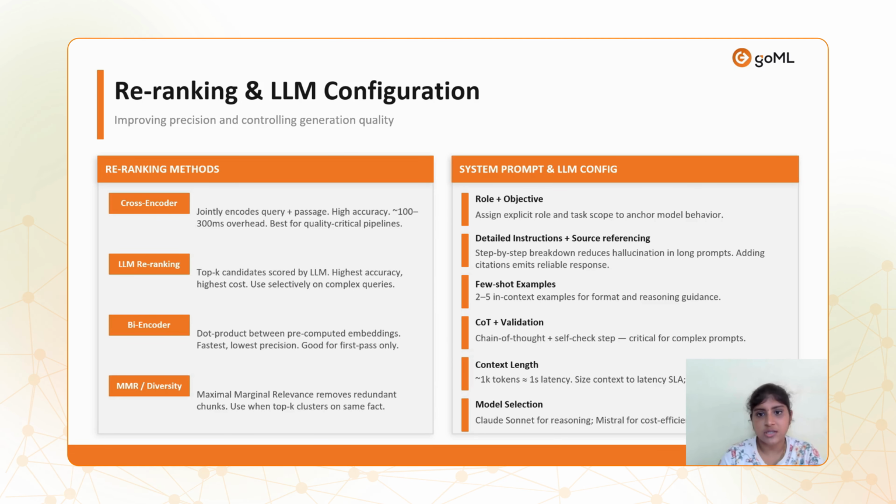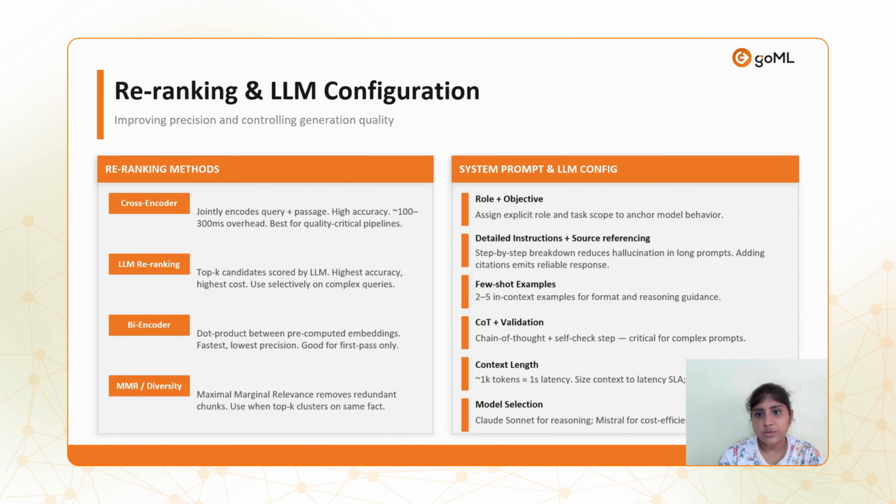Cross-encoder re-ranking is a traditional re-ranking method, and LLM-based re-ranking gives you the highest accuracy of any method and also the highest cost. And we use this selectively for complex queries where we have already detected low confidence in the retrieval step. Then comes system prompt configuration, which is the most critical step in the RAG pipeline.